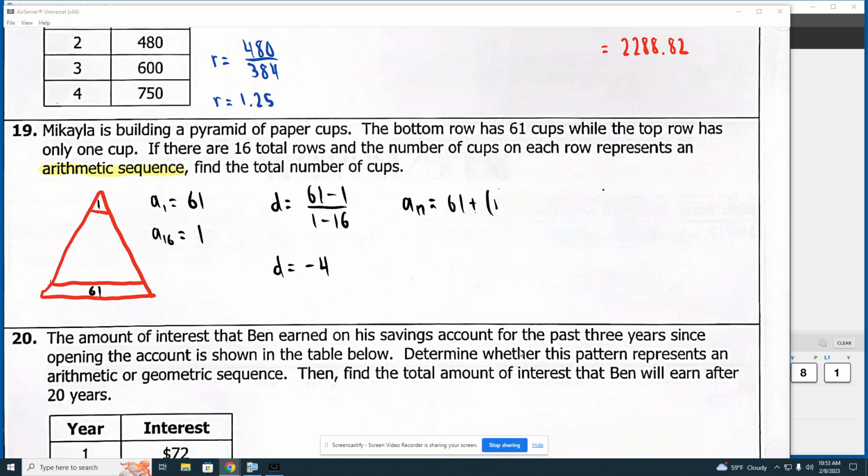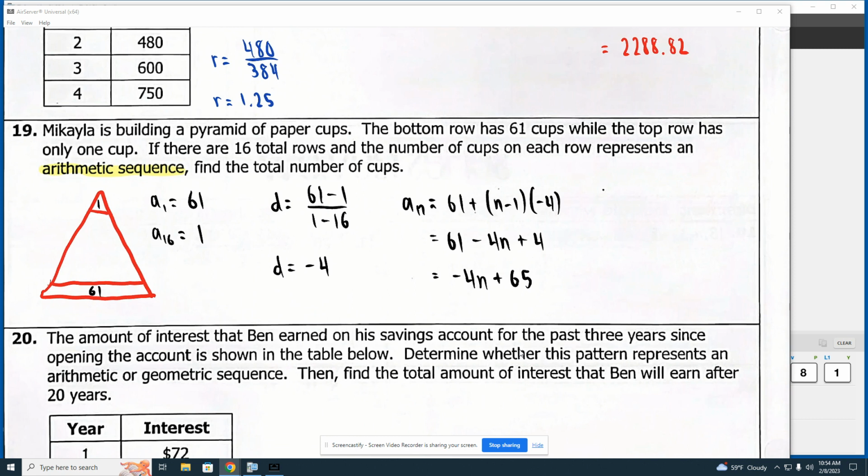Plus n minus 1 times negative 4. So my equation, 61, what is negative 4 times n? Negative 4n. And what's negative 4 times negative 1? Positive 4. So my equation is negative 4n plus 65.